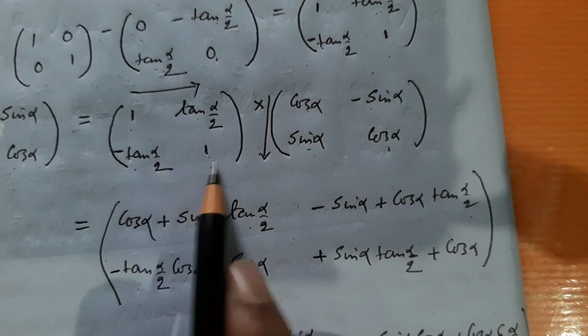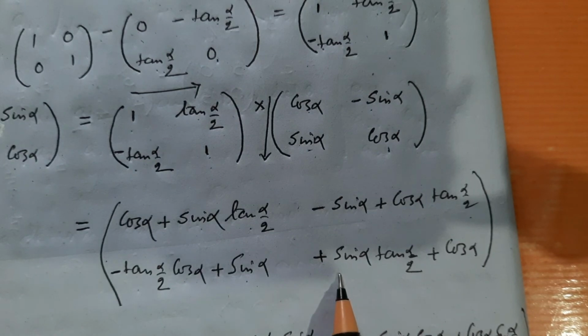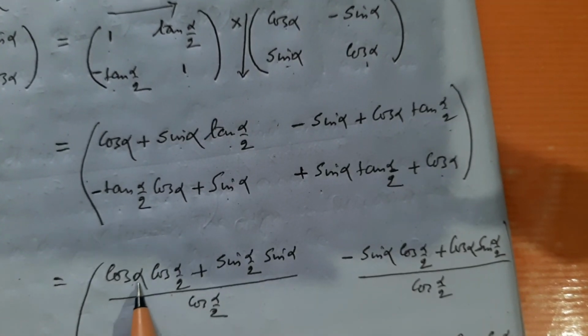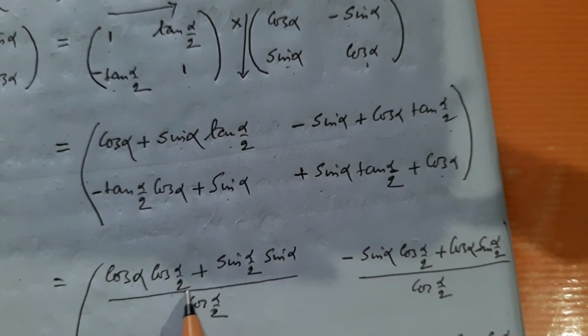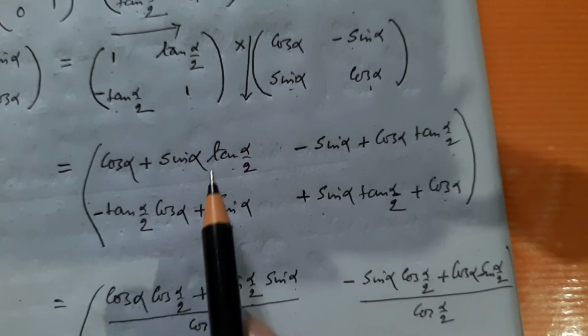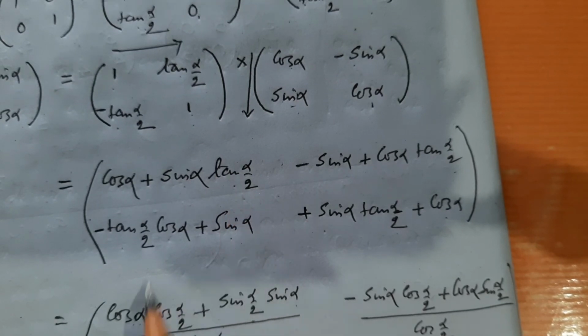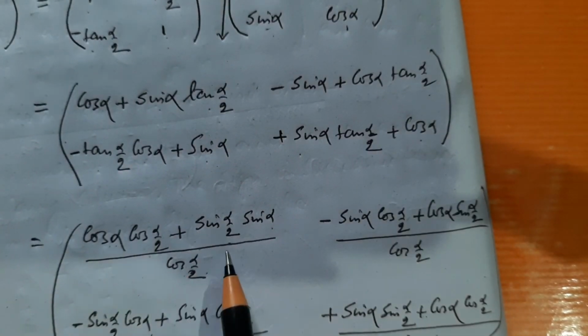The second row multiplied with the second column, we get sin alpha tan alpha by 2 plus cos alpha. In this matrix, we get cos alpha into cos alpha by 2 plus sin alpha by 2 into sin alpha, by cos alpha by 2. That is, we just break tan alpha by 2 into sin alpha by 2 over cos alpha by 2, and do the LCM. We get this.